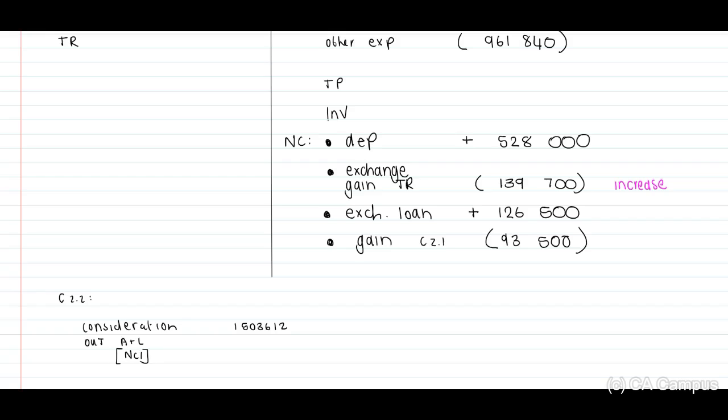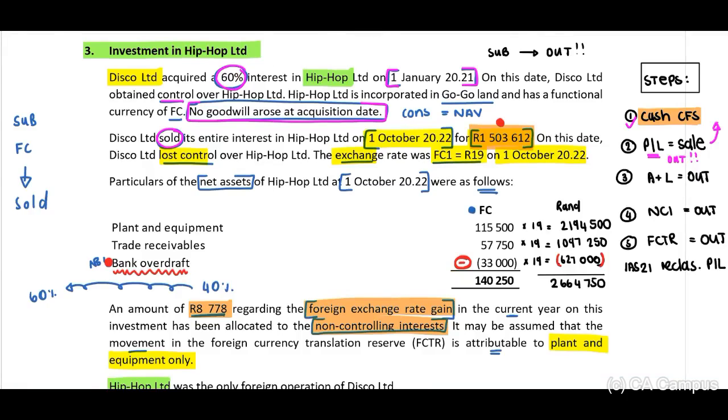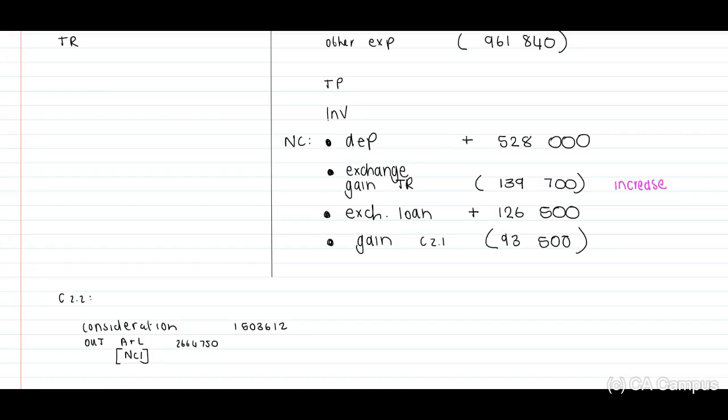Therefore, if we now look at our assets and our liabilities, we have calculated the total to 664,750. We need to take into account our NCI's portion: 664,750 times 40%, and our NCI's portion will be an amount of 1,065,900. Therefore, we take out the net effect.